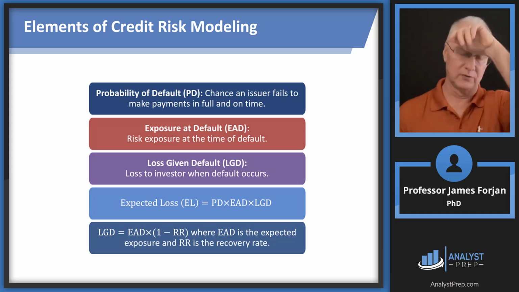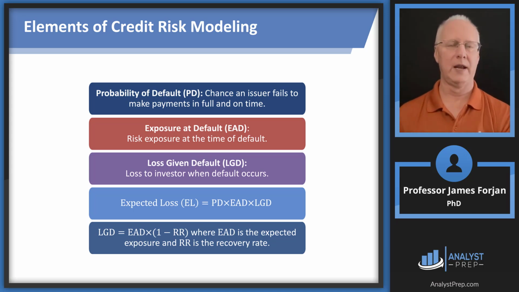So we're going to multiply those two decimals by $1 to get the expected loss in terms of $1. Let me give you just a quick example. Let's suppose that I come to you and I want to borrow $100, and I'm going to repay that over time. You look at all of my assets and my income, and you come up with a probability of default of 20%. Let's just pick a number. So you're tempted to say the expected loss is going to be 20% of that $100.